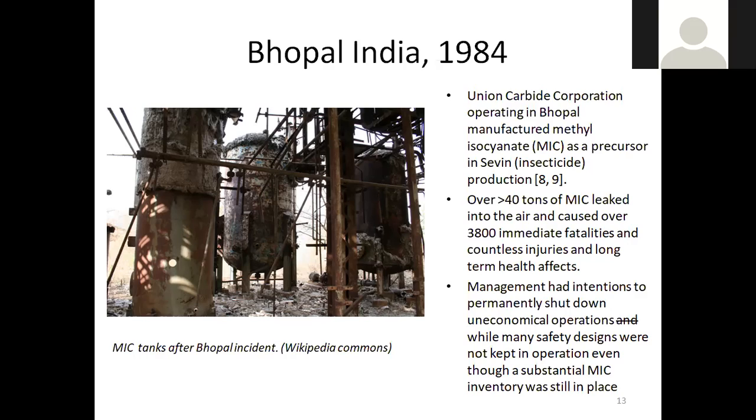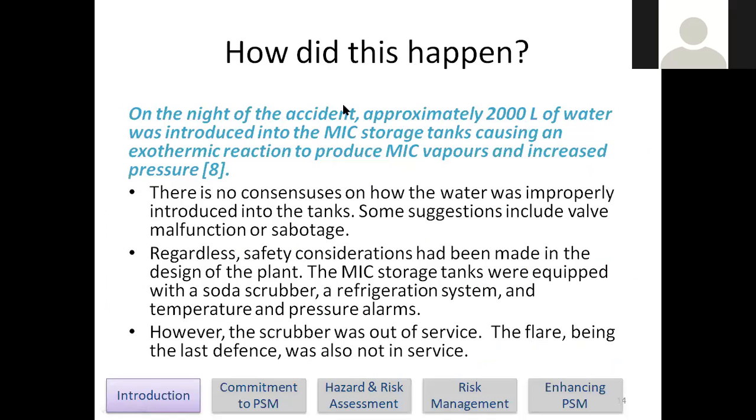So the Union Carbide Corporation in India, the incident that happened in 1984, killed a great number of people as a result of a leakage in the industrial facility. There was a leakage, and that's what led to the disaster. So how did this happen?